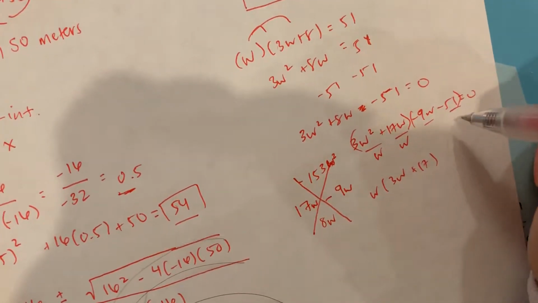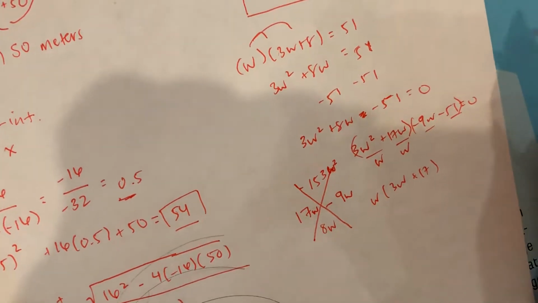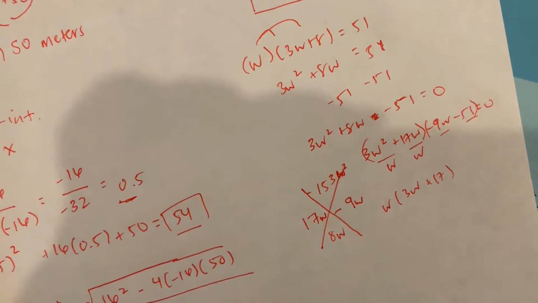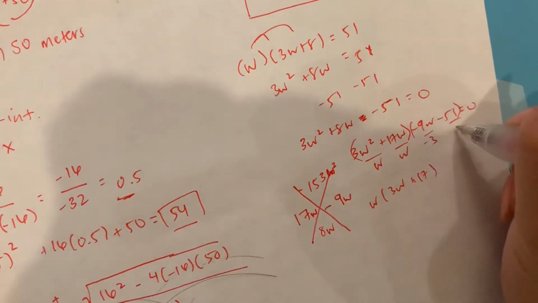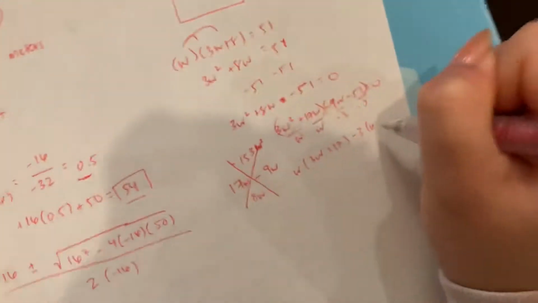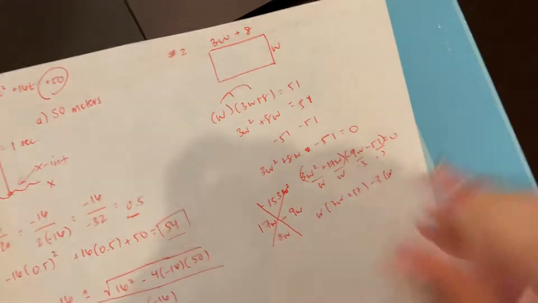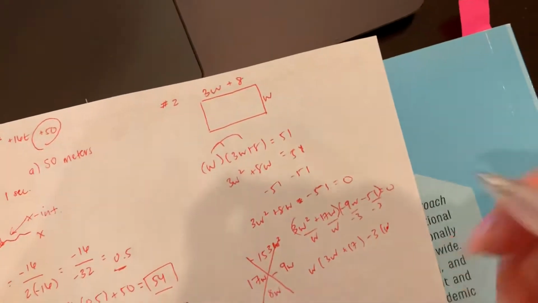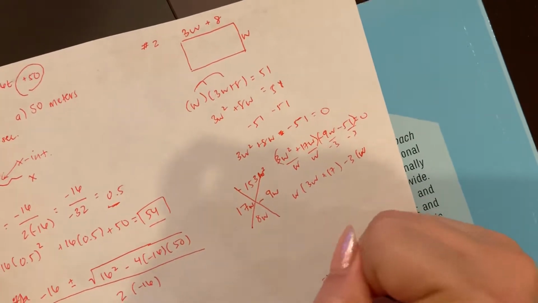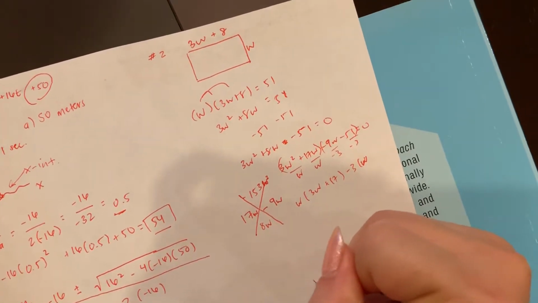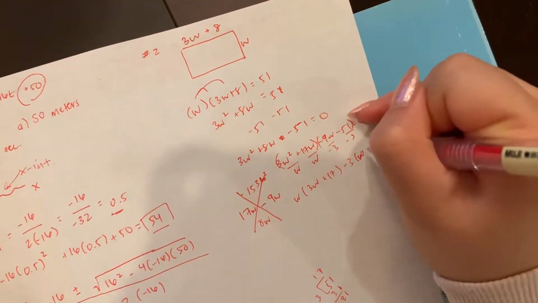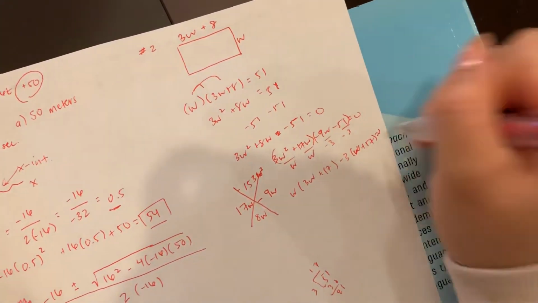Second one, I think I can take out a 3. No, I cannot. Yes, I can. I'm going to take out negative 3. So that will give me W plus 17 equals 0.